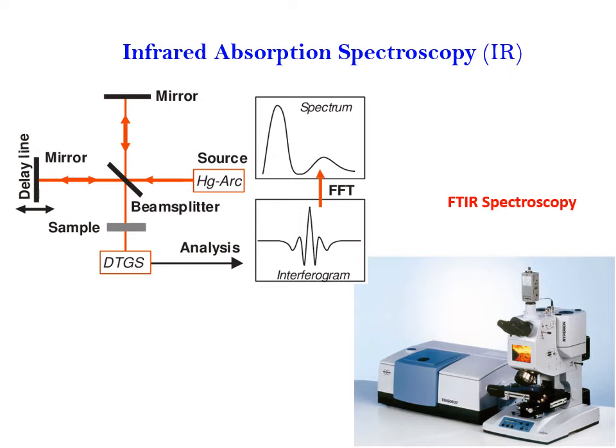And because different molecules with their different structures produce different spectra, the spectra can be used to identify and distinguish among different molecules. In this way, the spectra are like people's fingerprints or DNA, or they are virtually unique for each molecule. This is a typical FTIR spectroscopy.